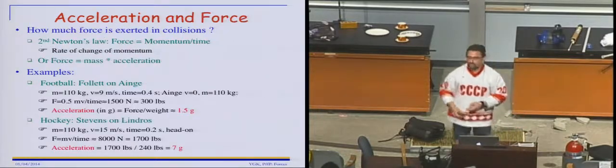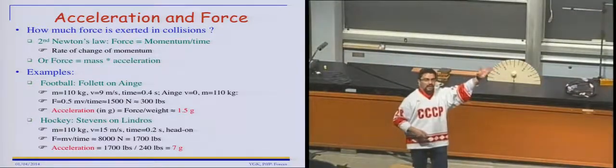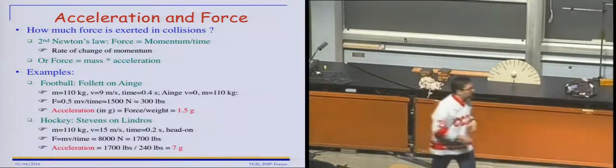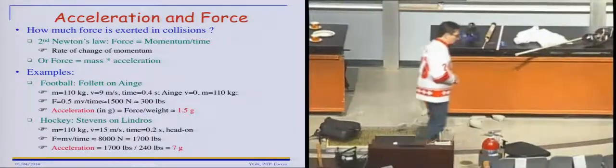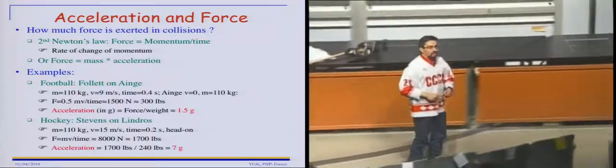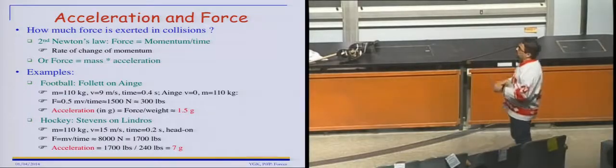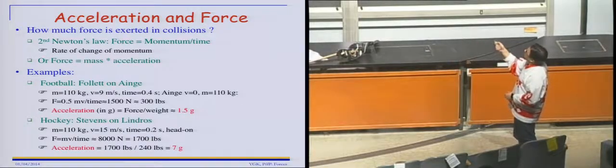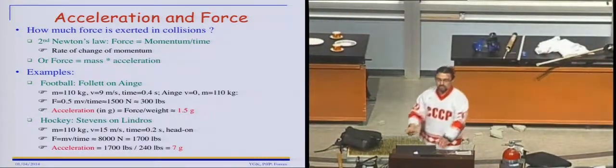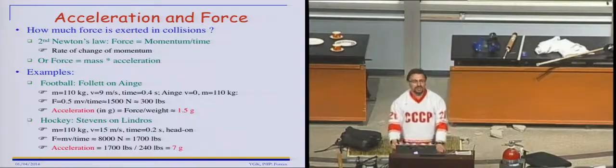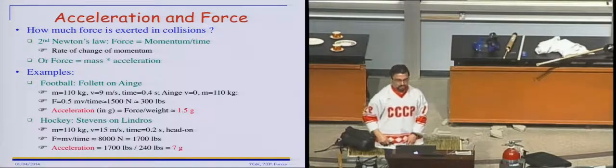So how much force exactly is exerted in a collision is given by Newton's second law, the quantitative law that we haven't yet talked about. The second law of mechanics tells you how to compute, based on basic formulas, how much force is applied to an object, or how much an object would be accelerated given its mass and the force applied to it.